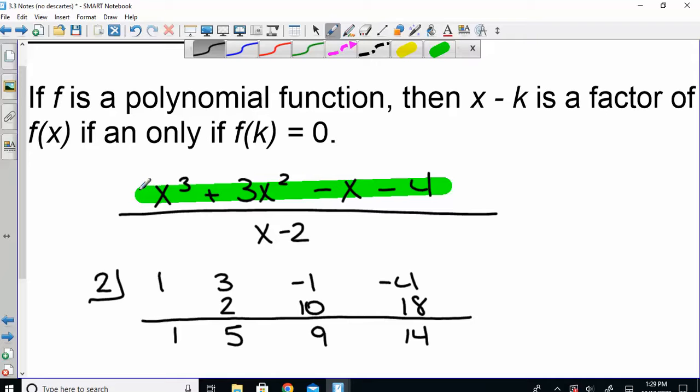What'd you get? 14. Where did we see 14? The remainder.